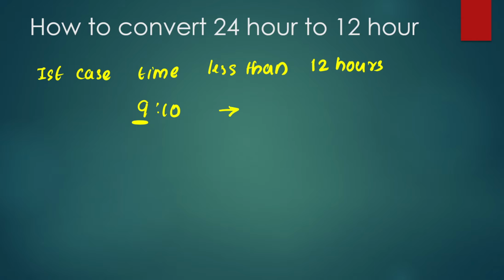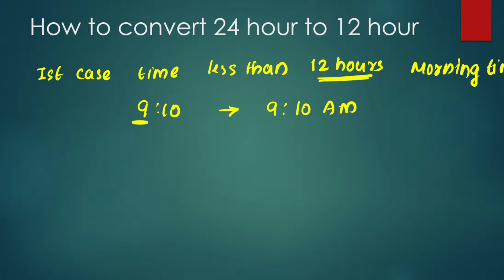If the time is less than 12, you can simply add the AM. Time less than 12 shows that it is morning time. So time less than 12 hours stays the same. You just add AM.